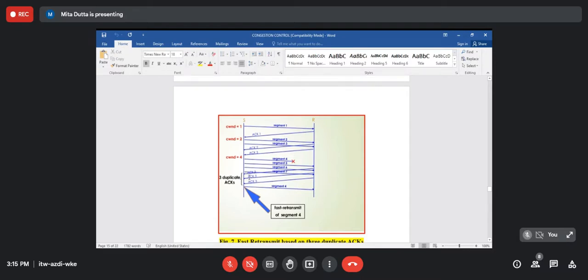When the sender receives the same ACK 3 times, it will know that segment 4 has been lost, and it will first retransmit segment 4. Now why ACK 3? Though it is a duplicate, it acknowledges segment 5, segment 6, segment 7, but the acknowledgement number will be 3.